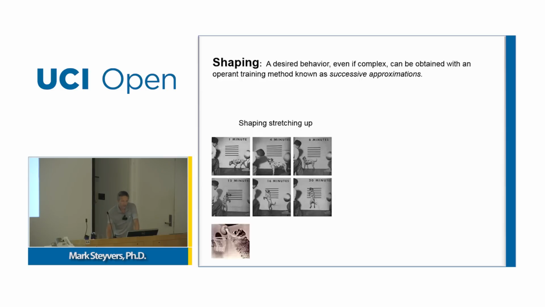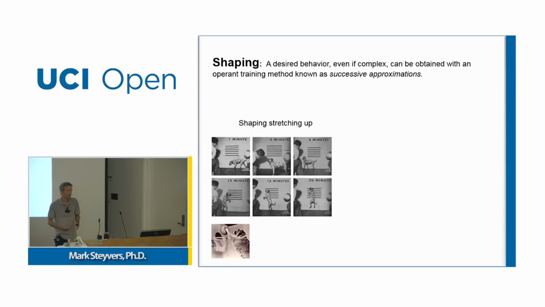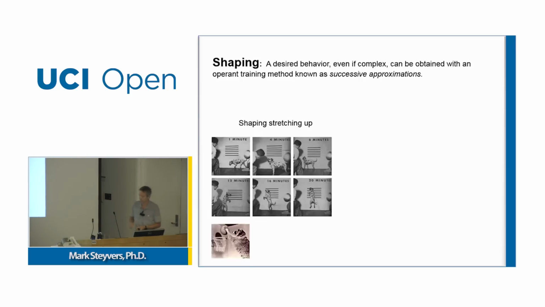So if you want to train a dog to, let's say, jump up in the air in response to some stimulus, the dog is not going to do this immediately, so you have to first reinforce the behavior that looks roughly right, or might not even be right in some sense, but the dog might be in the right position where you want this behavior to be elicited.